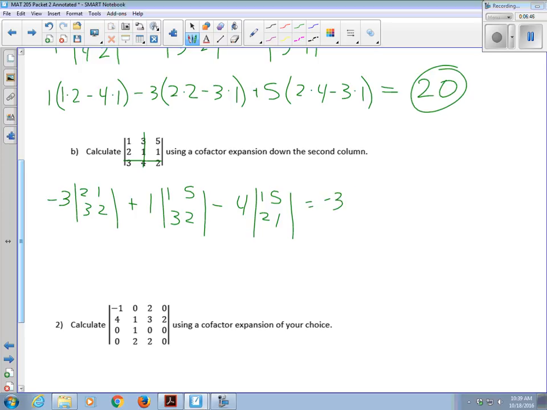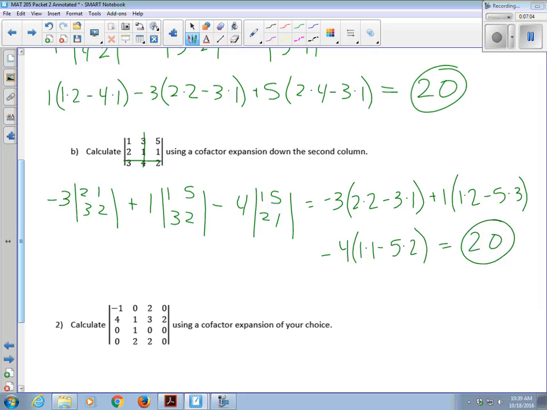So I have negative 3 times (2 times 2 minus 3 times 1), plus 1 times (1 times 2 minus 5 times 3), minus 4 times (1 times 1 minus 5 times 2), and that should come out to 20.